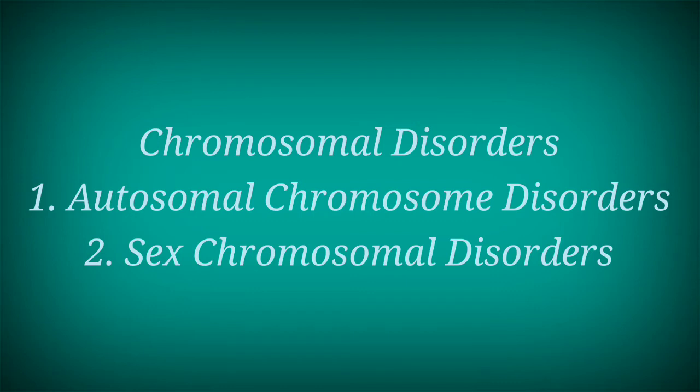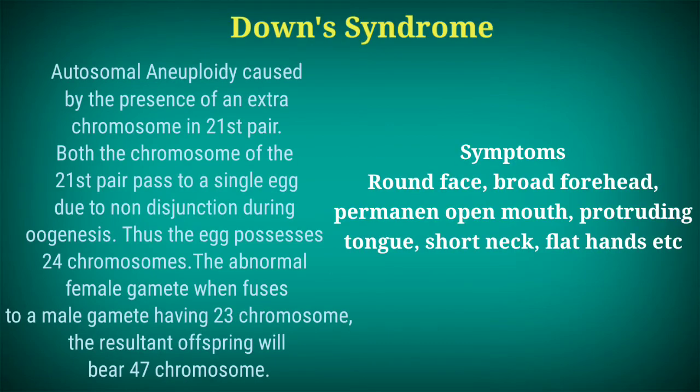Aneuploidy has several forms, and it may happen in the case of autosomes as well as sex chromosomes. When it takes place in autosomes, we call this an autosomal chromosome disorder. Now I'm going to discuss Down syndrome, which is an autosomal abnormality caused by aneuploidy.